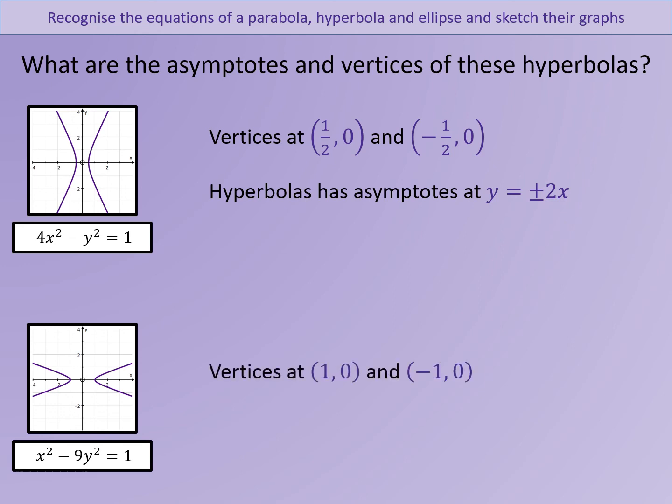The second one has vertices at (1, 0) and (minus 1, 0), and the hyperbola has asymptotes at y equals plus or minus 1/3 x. Remember that the vertices can also be found by finding where the hyperbola intersects the x-axis. So in that case, you could do this by substituting y equals 0.